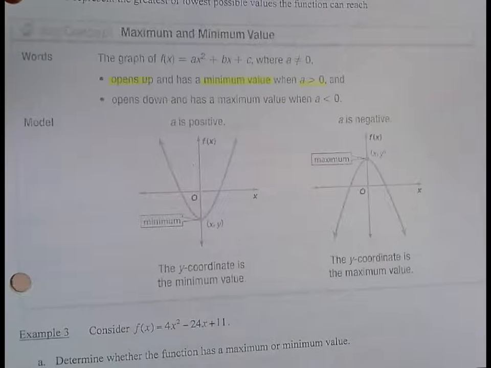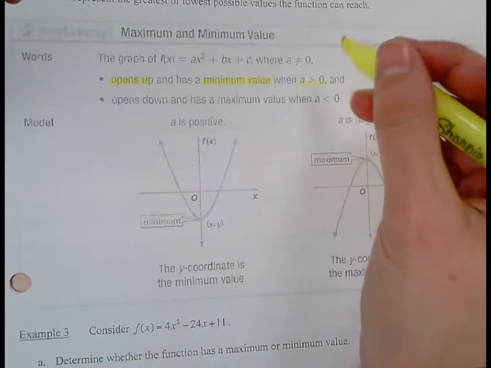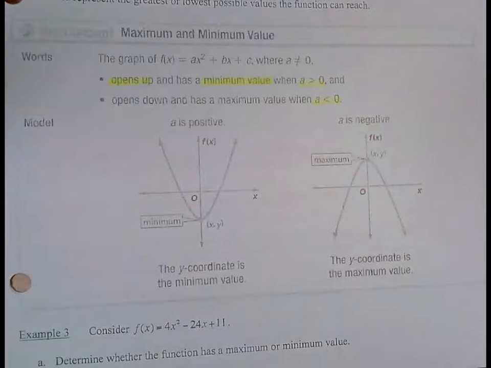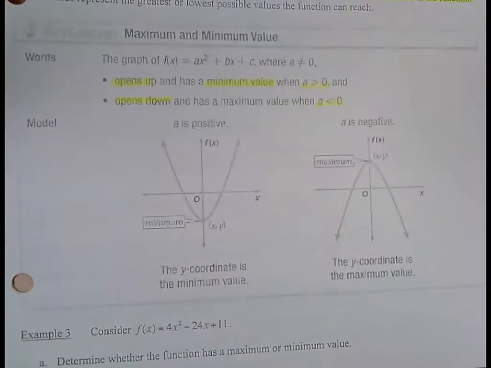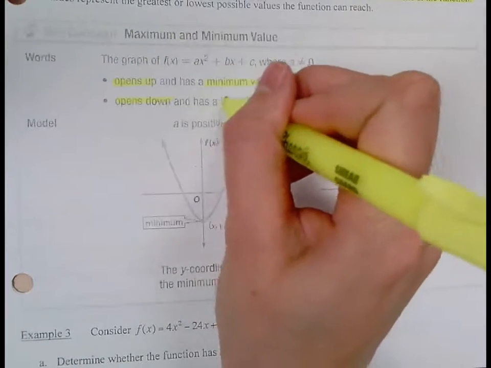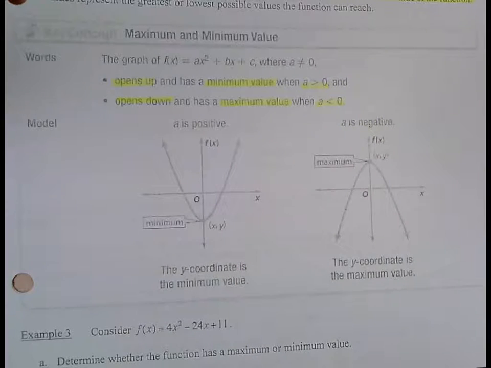That would be like example 1. The a value is positive 1, the parabola opened up, our vertex was our lowest point, so that y value was the minimum. If your a value is negative, like in example 2, where the a value was -1, that parabola opened down, and therefore the vertex was the highest point, so it has a maximum value.